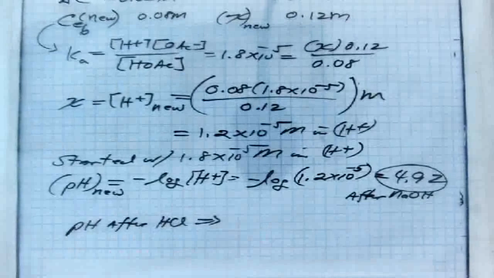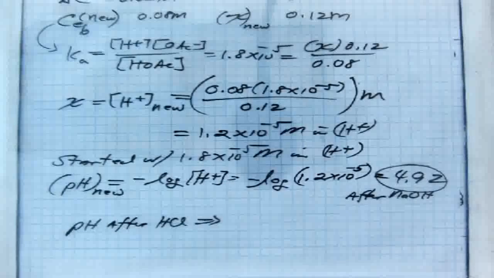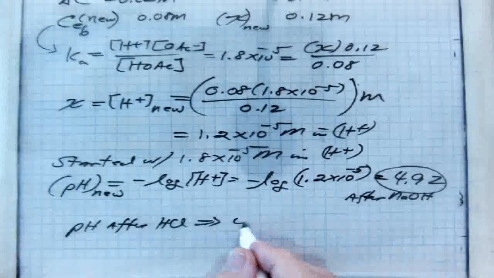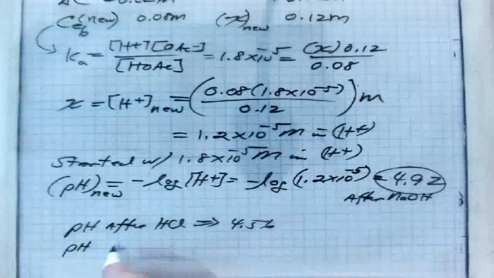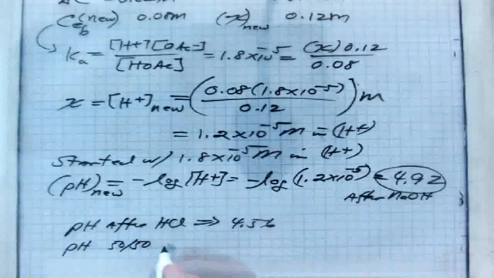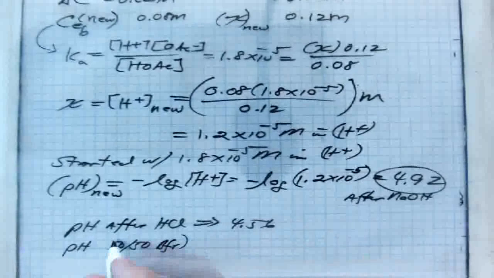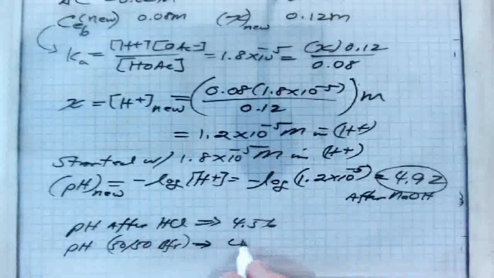This equation is derived from the general Ka expression for a weak acid, assuming the A is an anion over HA.